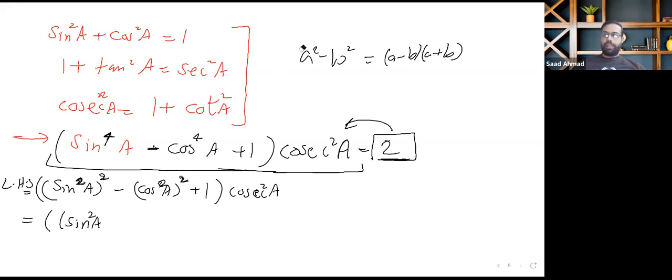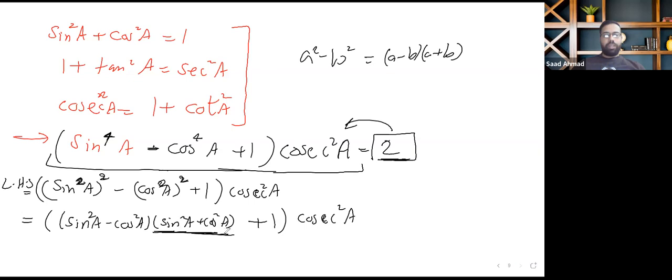So we get sine squared A minus cos squared A times sine squared A plus cos squared A. That's like the A and B rule, right? And there's plus 1 and cosecant squared A. As I told you in the identity before, sine squared A plus cos squared A is 1.